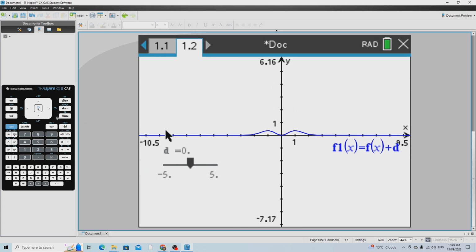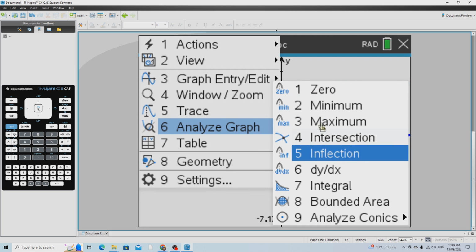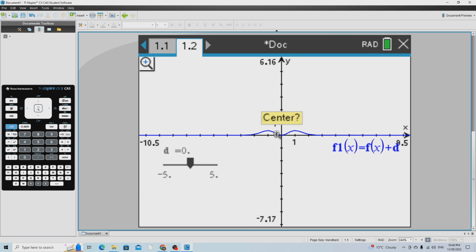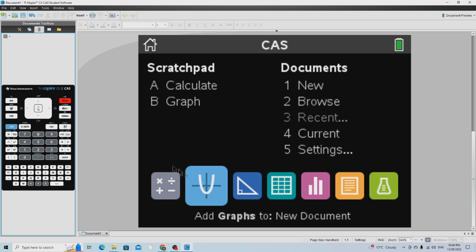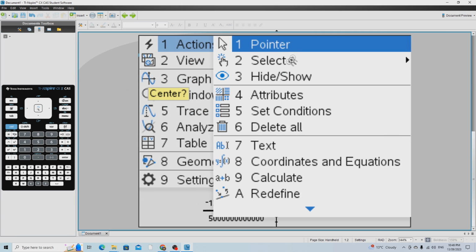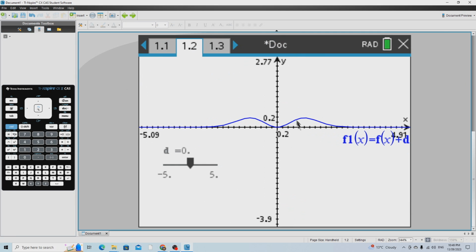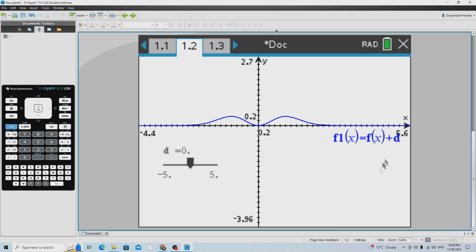If we zoom in here, what we really want is for this function to be below the x-axis for it to be negative. For that to happen, d is what's going to translate it down.